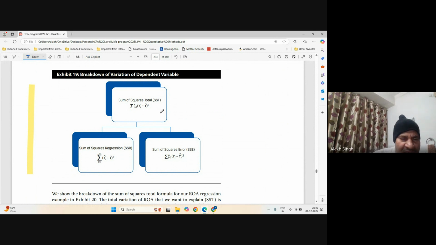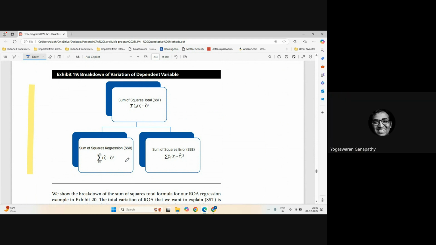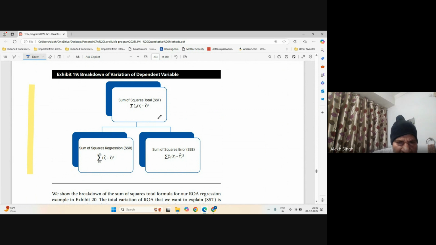So what is our R square? Do you remember that definition? R square is 1 minus the error sum of squares over the total sum of squares. From these three, what will you write as R square?